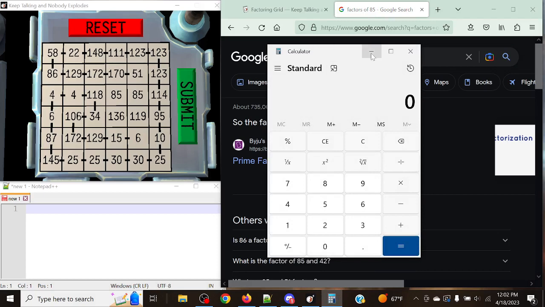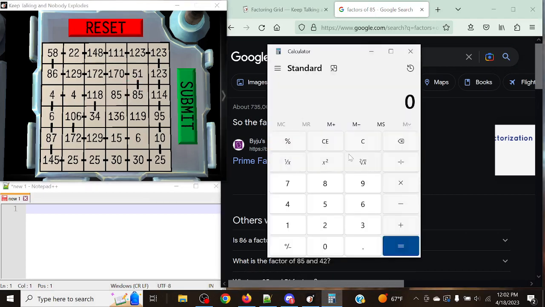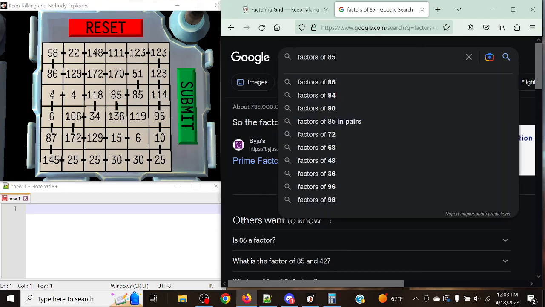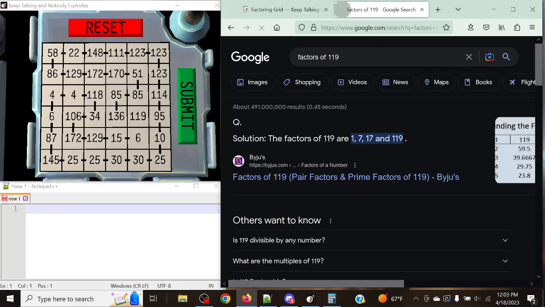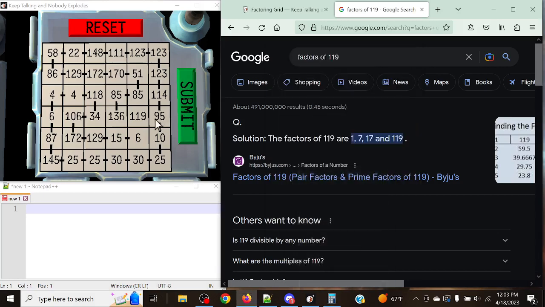Okay, so 17. 136 divided by 17. Yep, that works. So 119 again. Let's check. 136 divided by 7. 17. Yeah, that's 17 more. 136 divided by 17. Cool. So yeah, that would work.